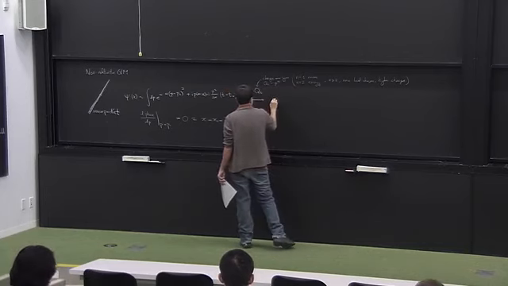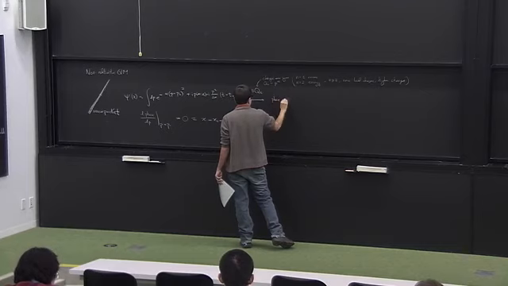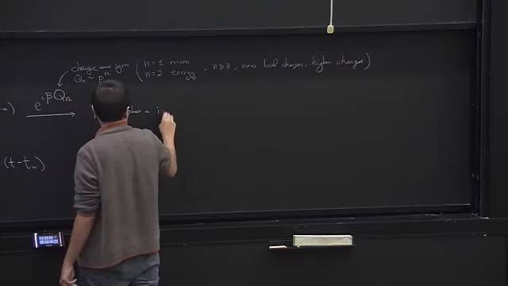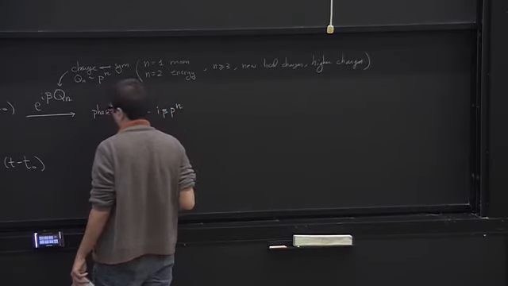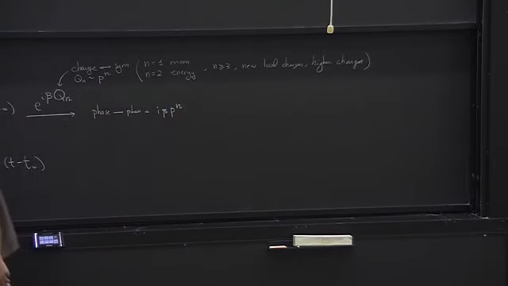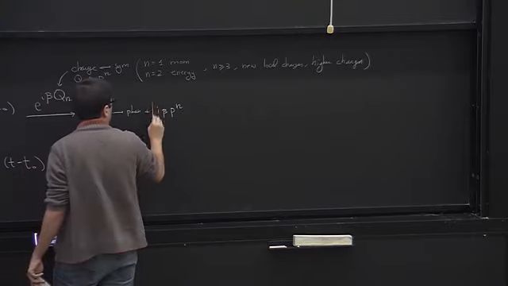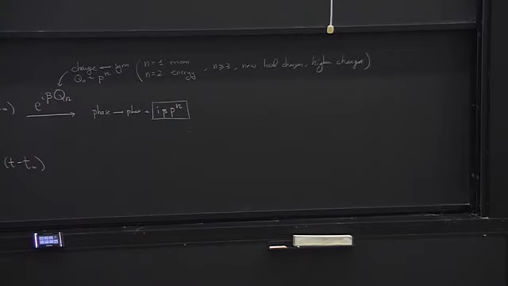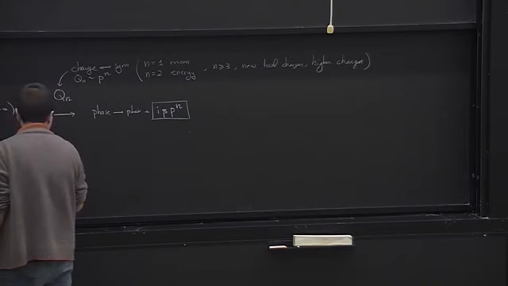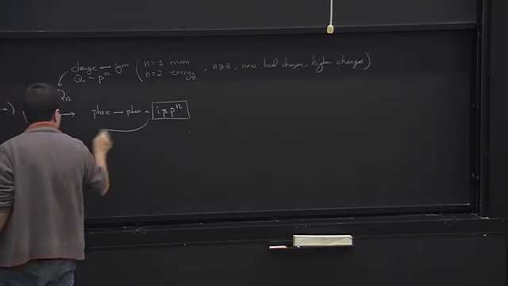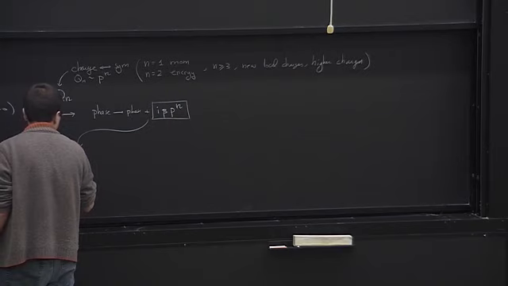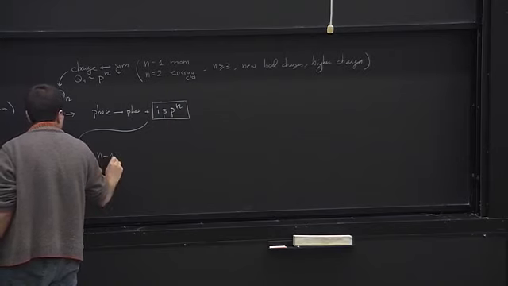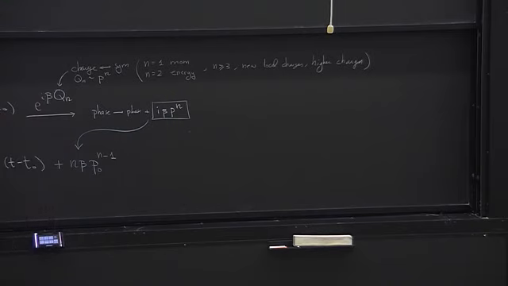So this just means that the phase becomes phase plus i beta p to the n. And therefore, let me write this in blue. Can you see well that this is blue? And therefore, you will add here some term plus n beta p naught to the n minus 1.